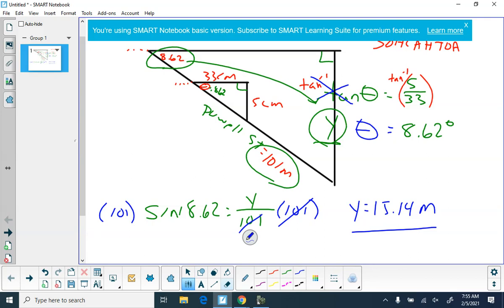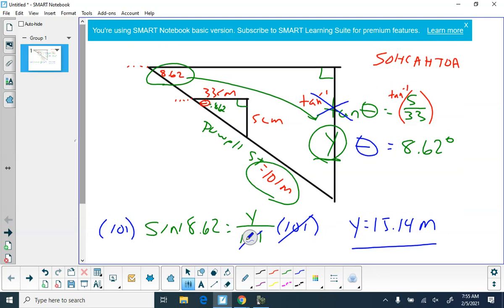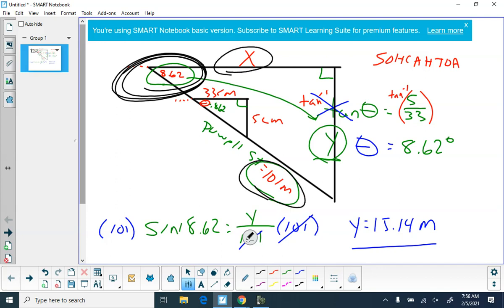Last one, if Powell Street had been level instead of slanted, how many paces would Wendy have to walk to 600 blocks? So we're trying to find this distance up here now. What is this distance, x? Once again, what trig ratio relates 8.62 degrees, x to the 101? Write yourself a trig ratio.